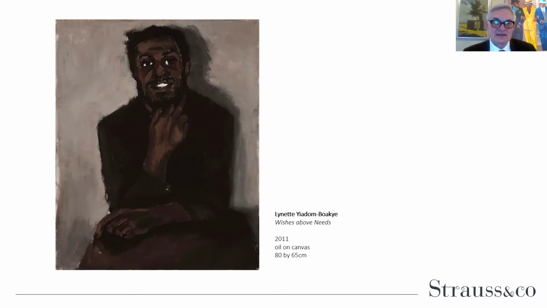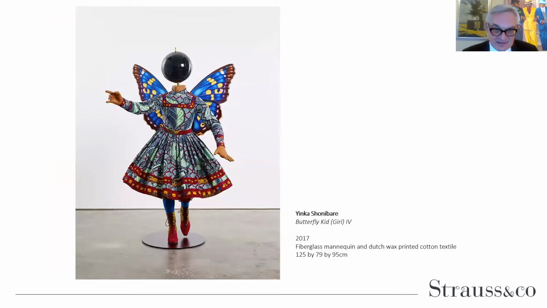The next one is the famous Yinka Shonibare. One thing that is very striking about this exhibition at Welgemeend is that you will see work that you would never otherwise have the opportunity to see. And this is certainly one of them. Sure. Maybe the opposite to the Billy, this is an artist that we had been looking at for a long time and had wanted to add a work of his to the collection.